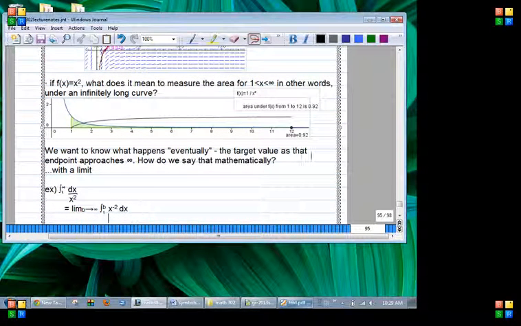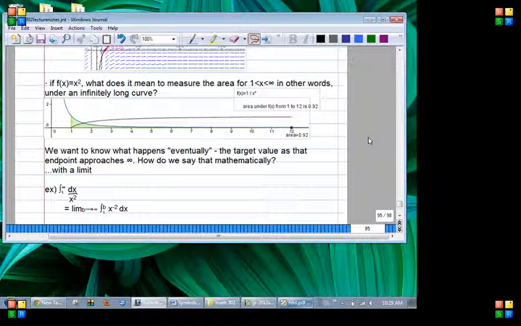First of all, it's better to write things with negative exponents, so I did that. And instead of saying we're integrating from 1 to infinity, what we say is that what this really means is a limit. So it's the limit as b goes to infinity of the integral from 1 to b.